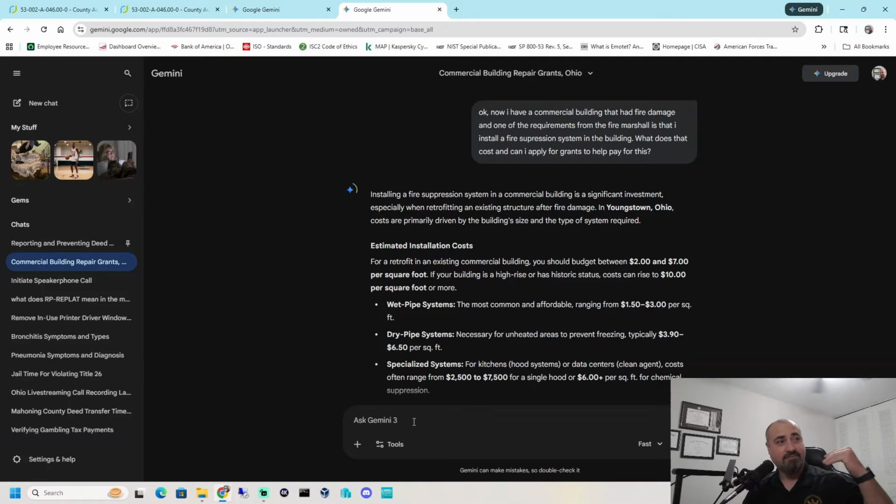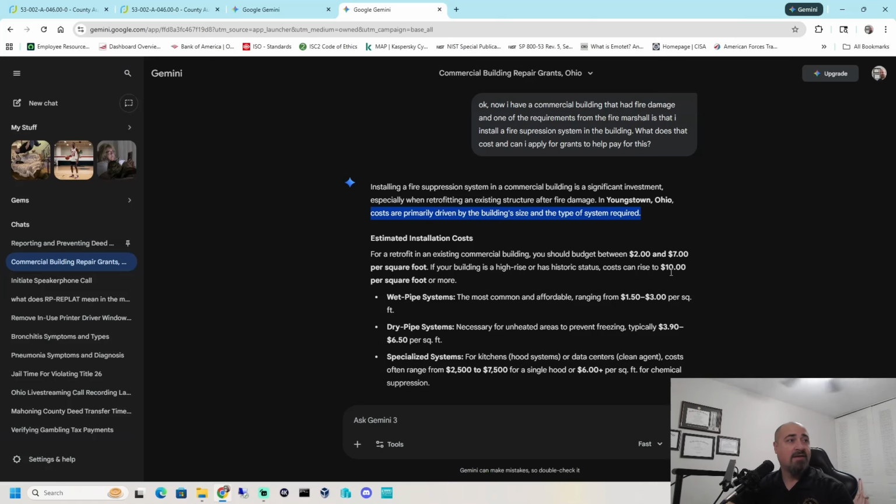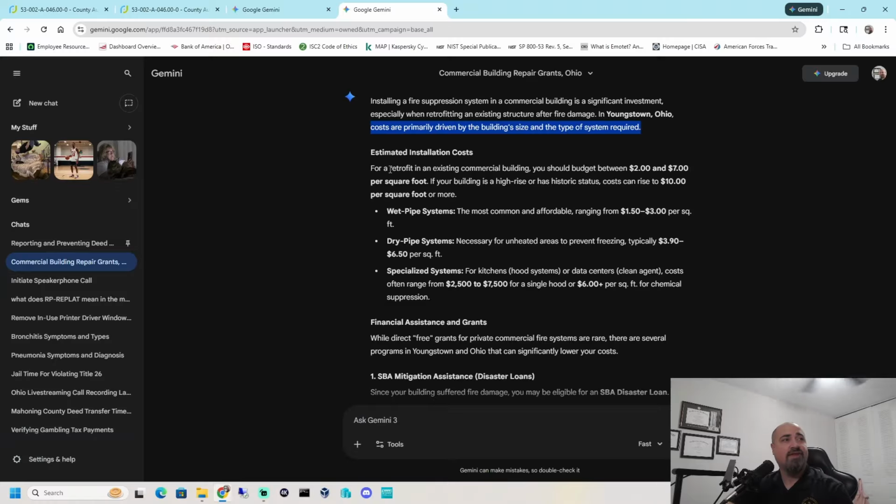Installing a fire suppression system in a commercial building is a significant investment, especially for retrofitting an existing structure after fire damage. In Youngstown, Ohio, costs are primarily driven by the building size and the type of system required. For a retrofit in an existing commercial building, you should budget between $2 to $7 per square foot.